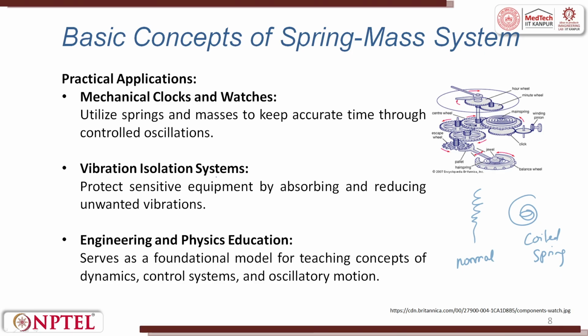Then vibration isolation systems protect sensitive equipment by absorbing and reducing unwanted vibrations. For example, if you buy any high resolution or highly sensitive equipment, we always try to put a shock absorber.